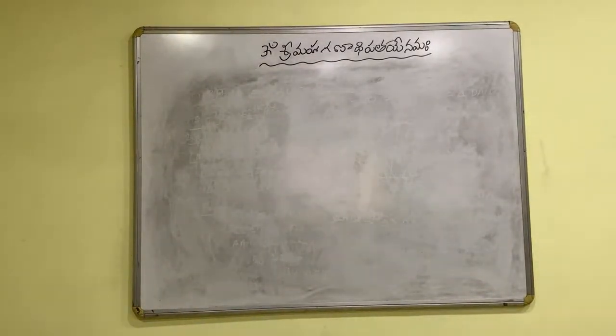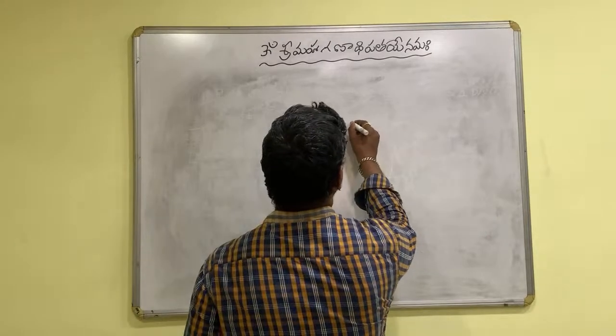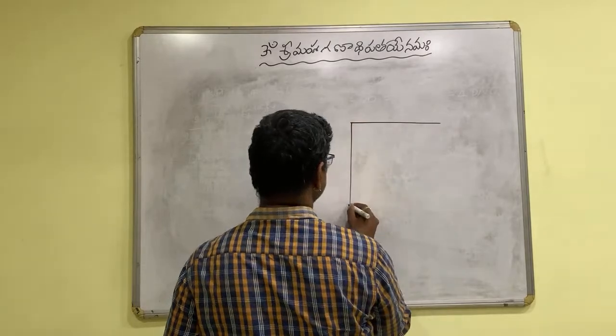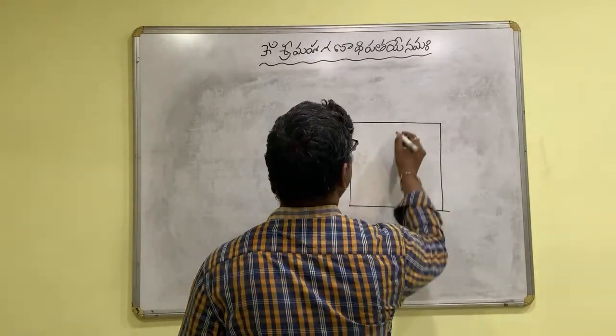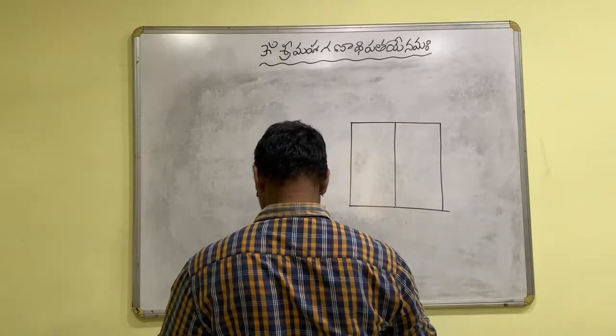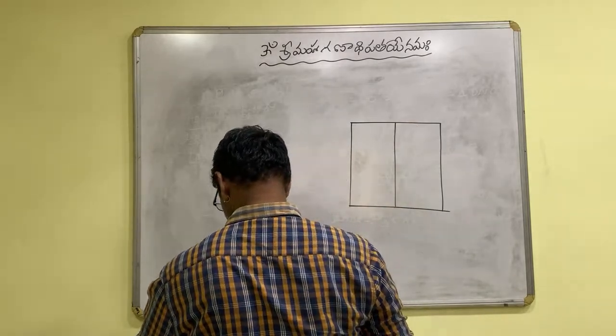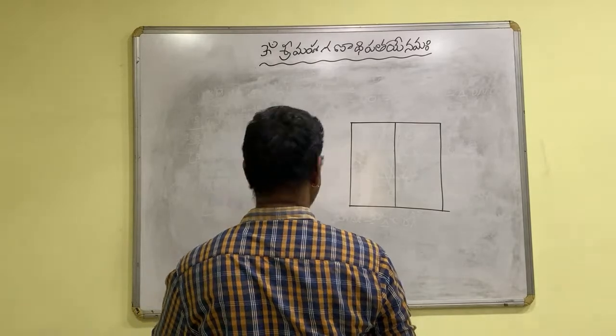Okay. There is a square ABCD. Angle PQR is 90 degrees.